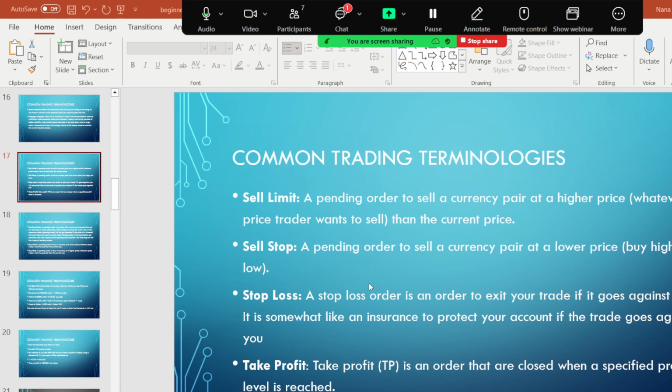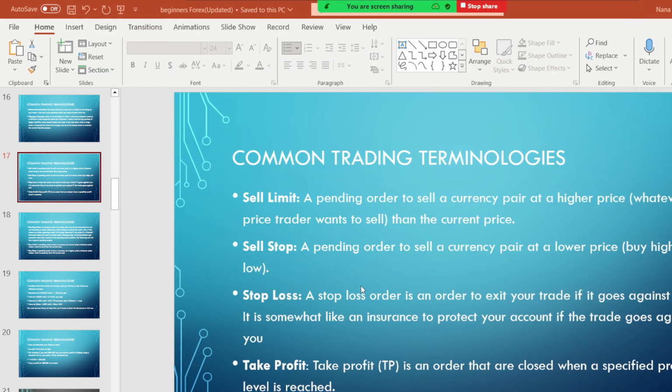So now a pending order is basically an order that you set when price has not hit your desired target yet. Okay, so let's say you want to sell at a specific price point, but the current price is not close to where you actually want to sell or buy. So this is where you actually set a pending order, so that when price gets to that price point, it will automatically execute for you.